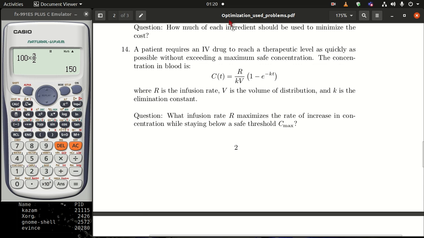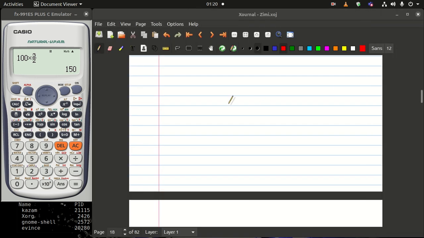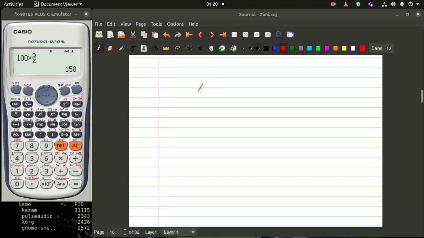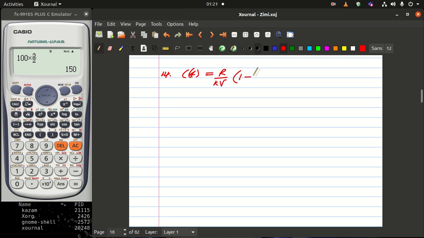So let us go back to the drawing board. Where's number 14? Okay, I'm gonna write here number 14. So we are having our concentration, and this concentration is given by R divided by K times V, and then we are having 1 minus e raised to minus Kt. That is what we are having.